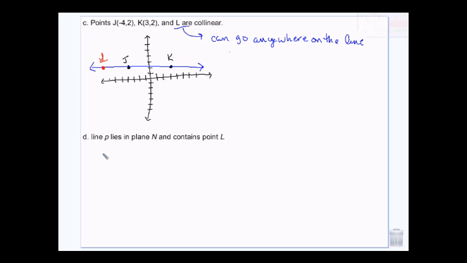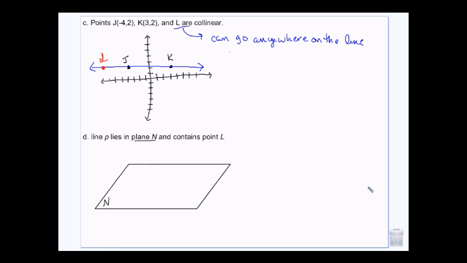And finally, we're going to have line P in plane N containing point L. So I'm going to start by drawing my plane. I'm going to draw a parallelogram, and again, my computer's going to fix it. Okay, the plane is N, so I put my N in the corner.